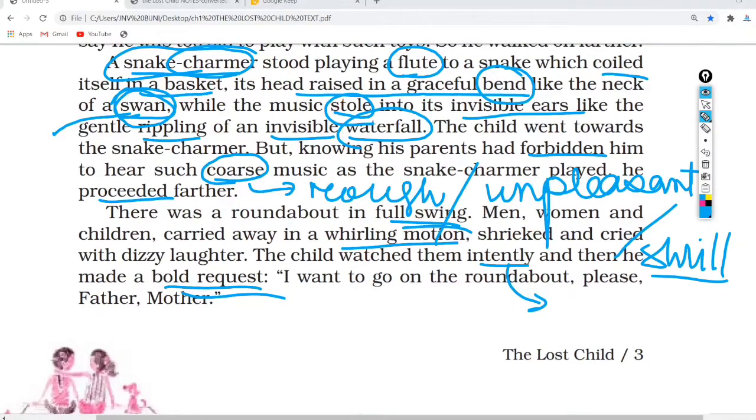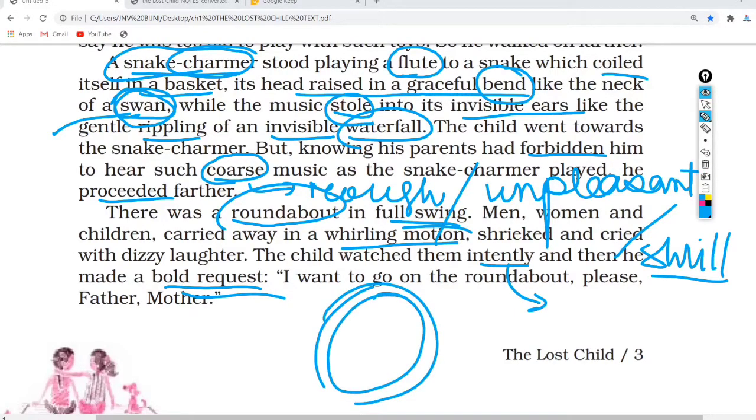So as you have observed, the child was simply observing all this, and hardly uttered, hardly demanded anything. Now this time, his desire was so intense that he could not control it. The roundabout was in operation. There was electricity, and the roundabout was a kind of ring with seating arrangements, many times in the form of chairs, many times in the form of horses, where people of various age groups will sit, and they will be very happy.